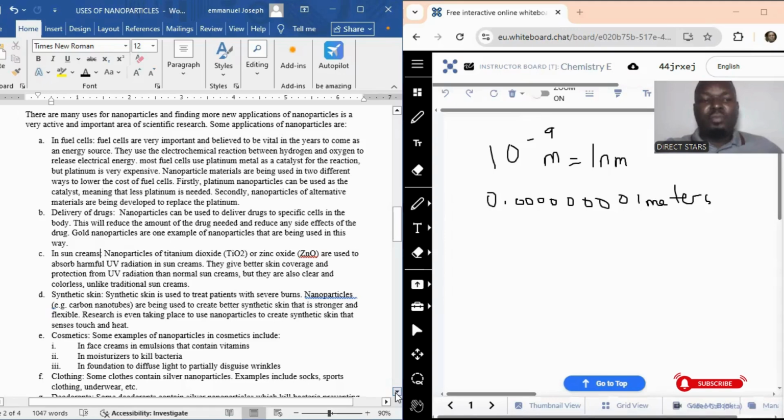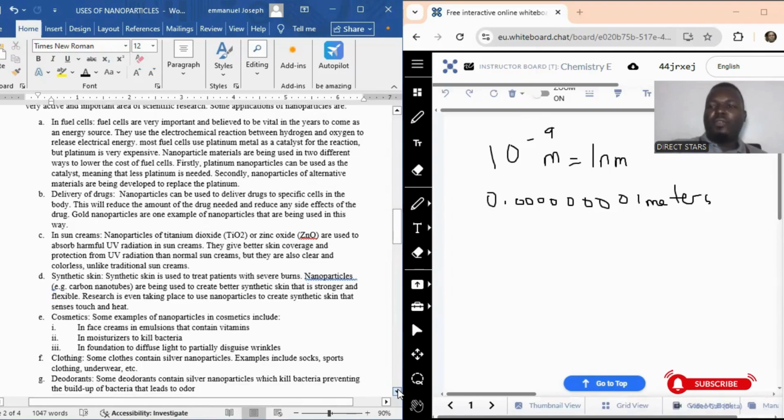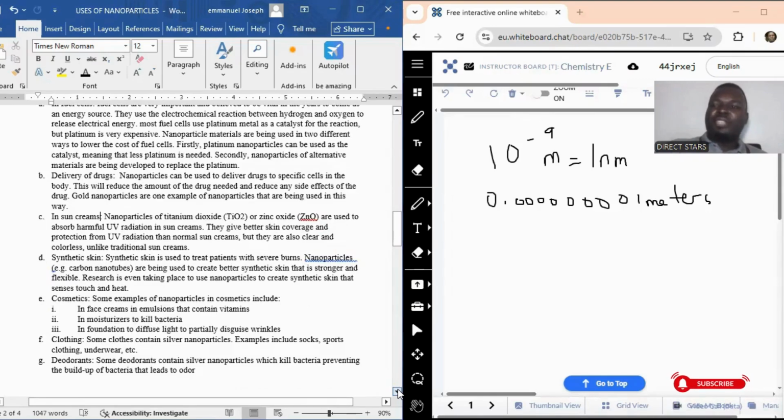So nanoparticles, like those from carbon, have helped to produce synthetic skin that can act as a covering for those burnt areas, because it's been tested that these nanotubes are stronger and flexible, just like your skin is flexible. So they are a very good replacement for the skin for patients that have skin burns.